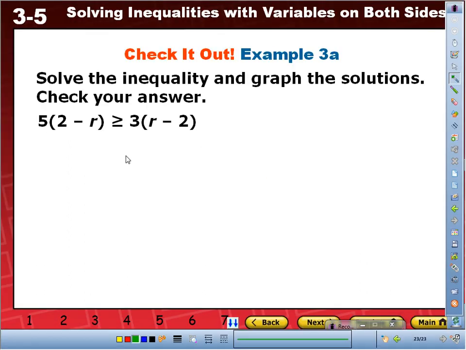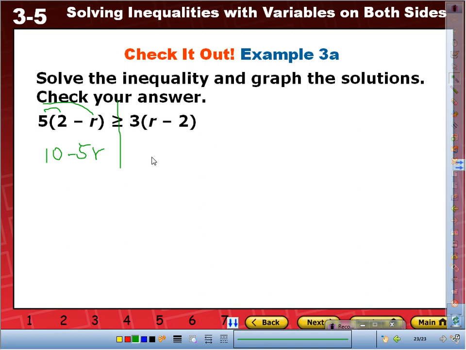Some of you already got started. That's fine. Let's see. Can I simplify this side? Yes, I distribute. We're left with 10 minus 5r greater than or equal to, and I distribute this side: 3r minus 6. All right, so far so good? From there, we can't simplify anymore, so I'm going to start with my smallest variable.